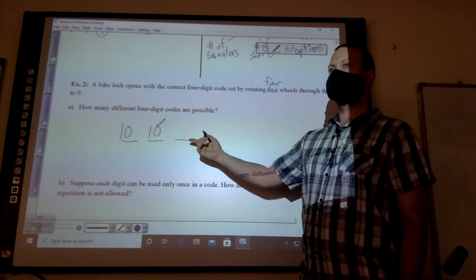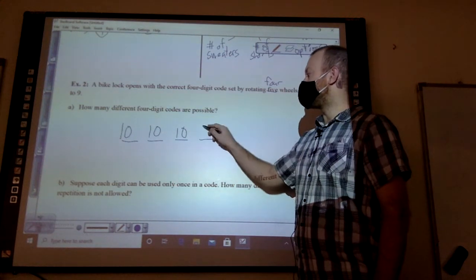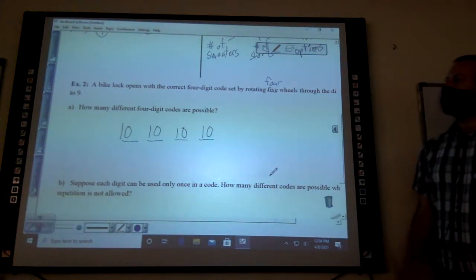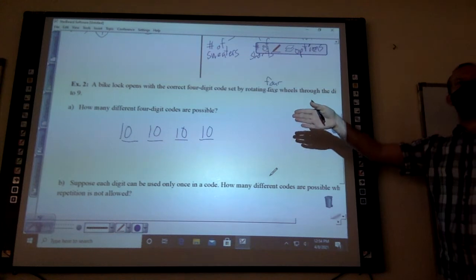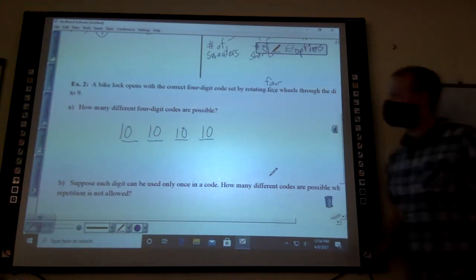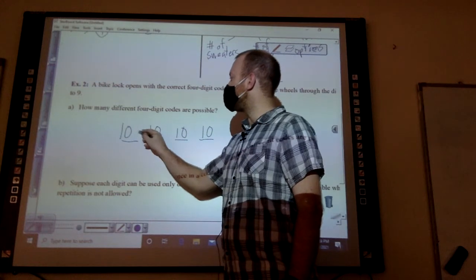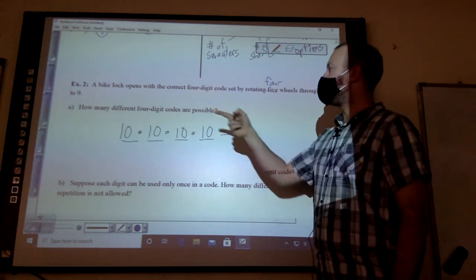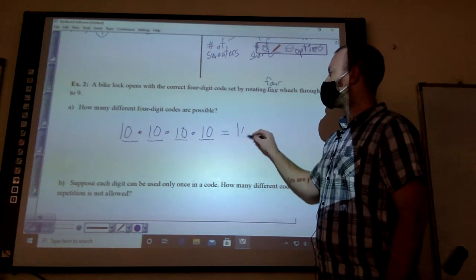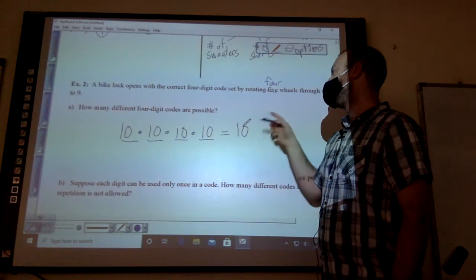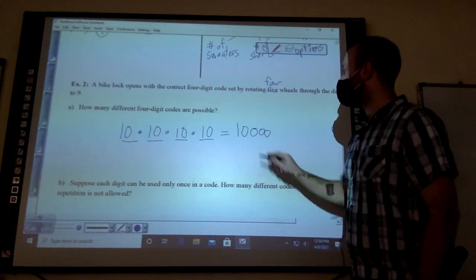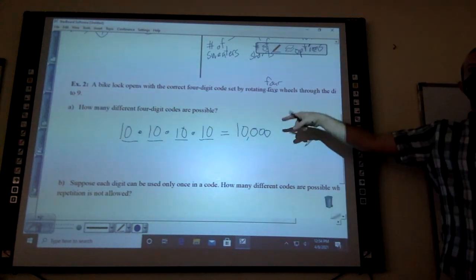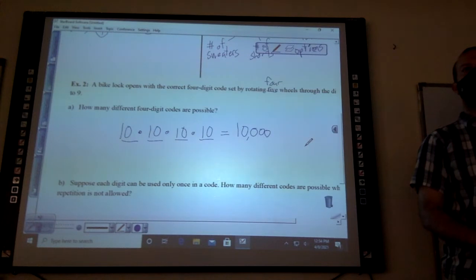The third? Also 10, also 10. So my fundamental counting principle tells me if I've got A options for the first one, B for the second, and so on, all I do is multiply these together, and this will tell me the total number of options. So 10 times 10 times 10 times 10 is 10,000. This is the total number of codes that I could have.